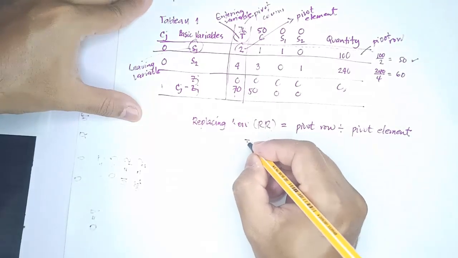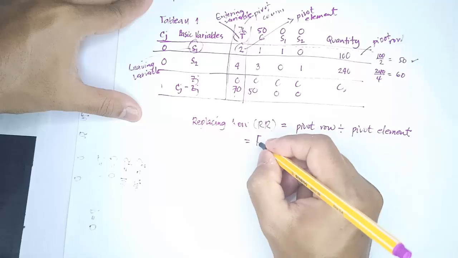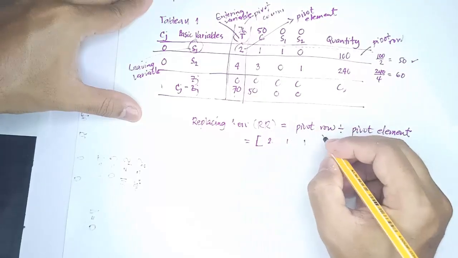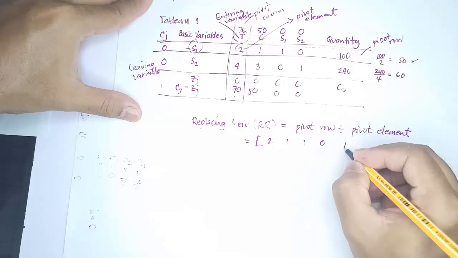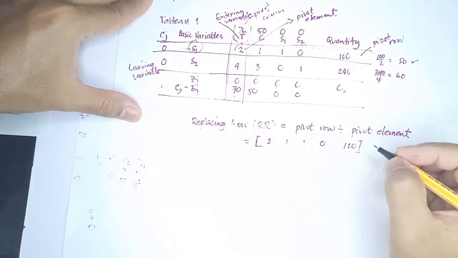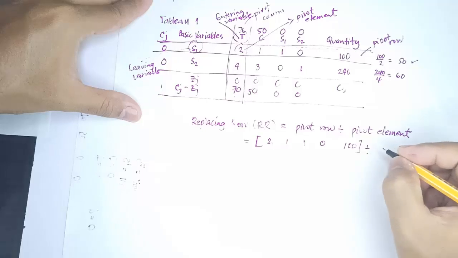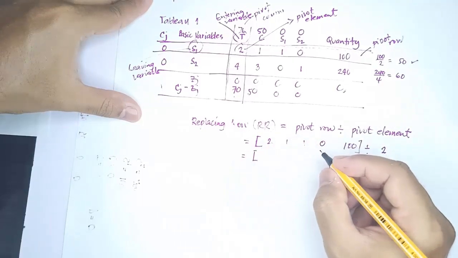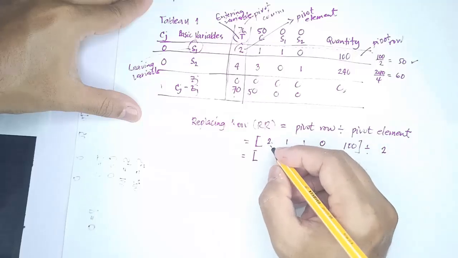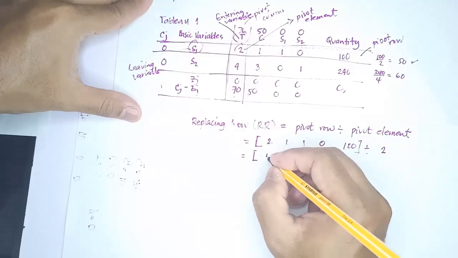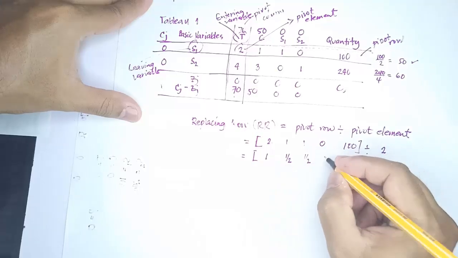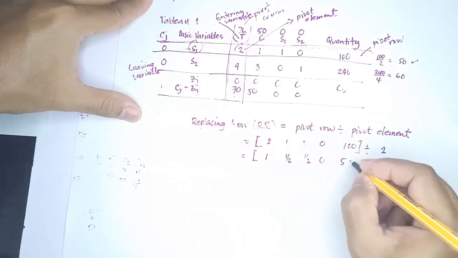For this case, the pivot row elements are 2, 1, 1, 0, 100, divided by the pivot element, 2. Therefore, the elements of row 1 or the replacing row are 1, 1 half, 1 half, 0, and 50.